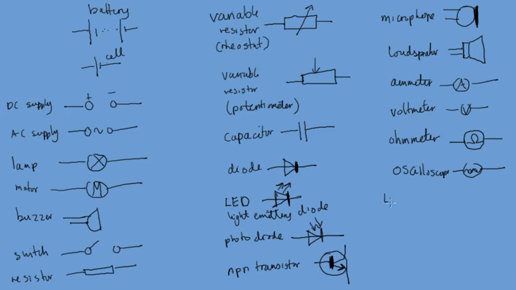Then we have an LDR. I'll draw the LDR first and then I'll explain what that is. So it's a light dependent resistor. So we've got our light coming in here. This is something that the resistance will change as light falls onto it.